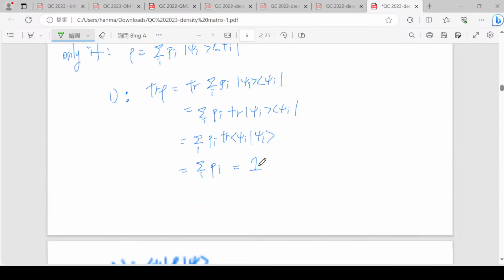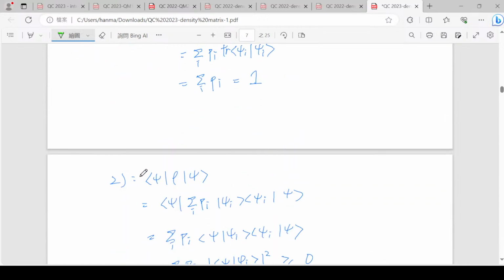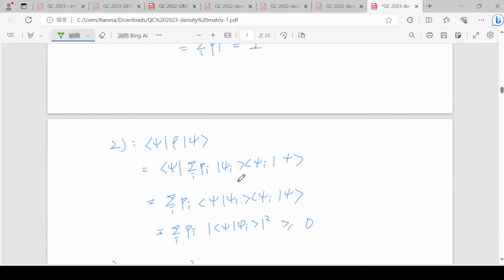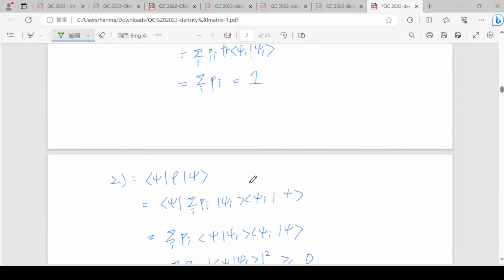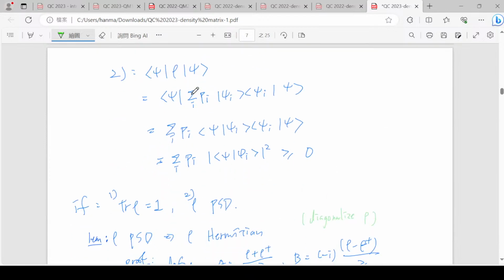And then we check the next thing: is this actually PSD? So we take an arbitrary vector psi and do the sandwich around your rho, and you write down rho. Then once again use linearity. In the summation of pi, you can take pi out, and we see this as a matrix multiplication.